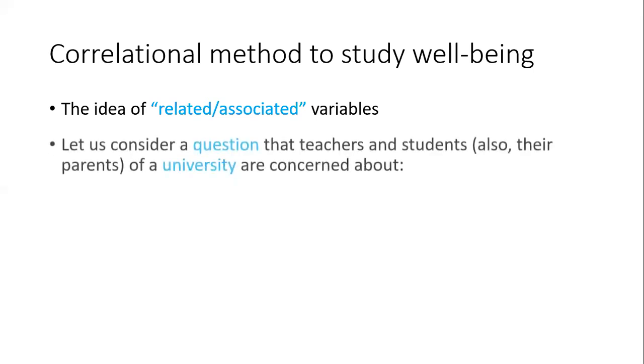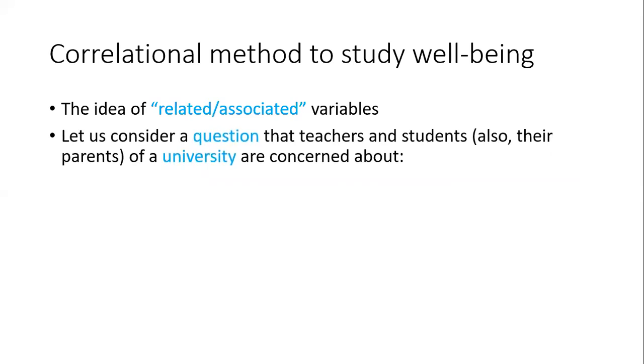Okay, so now what is correlational method, and how does it help in the study of well-being? So that's the broad question that we should take up right now. And it begins with the idea of relatedness or association between various variables. Let's take some concrete examples. Well, let us consider a question that teachers and students, also their parents, of a university are concerned about.